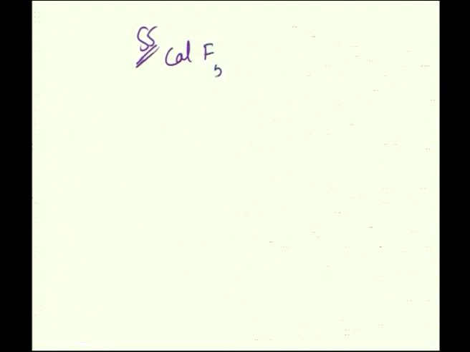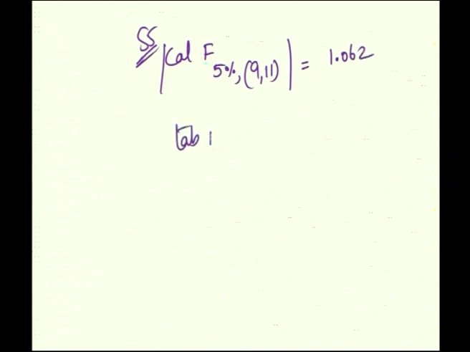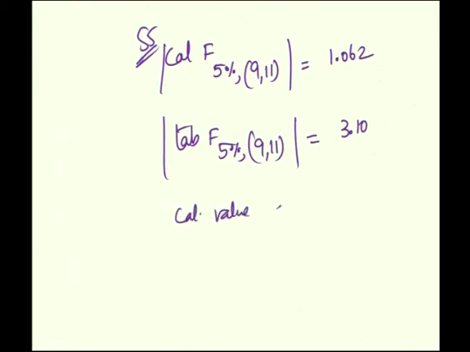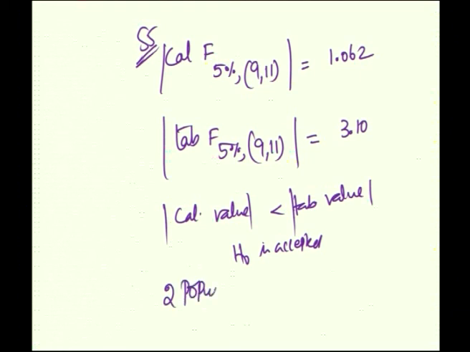Calculated F at 5%, 9, 11 degrees of freedom is equal to 1.062, and tabulated F at 5%, 9, 11 degrees of freedom is, from the tables, 3.10. So the calculated value is lesser than the tabulated value. H naught is accepted, in the sense two populations have the same variance.